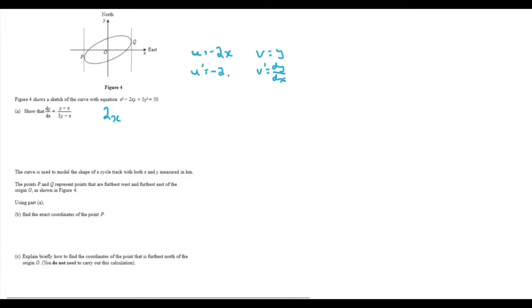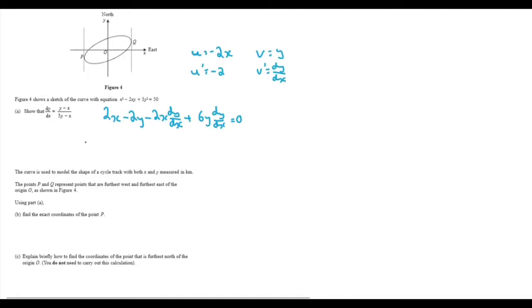So together, if we're doing our u dash v and u v dash, you end up with minus 2y minus 2x dy over dx. Then here, this is going to become plus 6y dy over dx, and then the 50 is going to disappear as a 0.